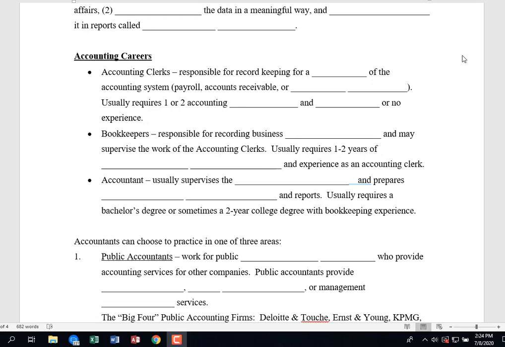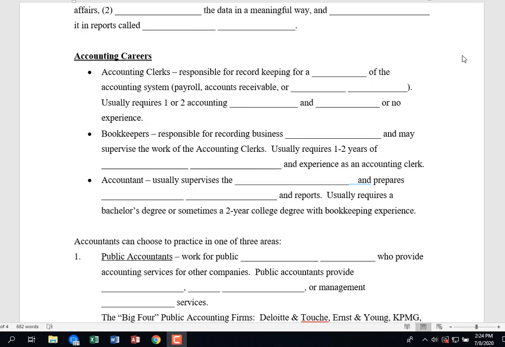Basically, people who are the accounts receivable clerks deal with the money that comes into the business, and the accounts payable clerks deal with the money that goes out of the business. They pay the bills for the company. This usually requires 1 or 2 accounting courses and little or no experience.